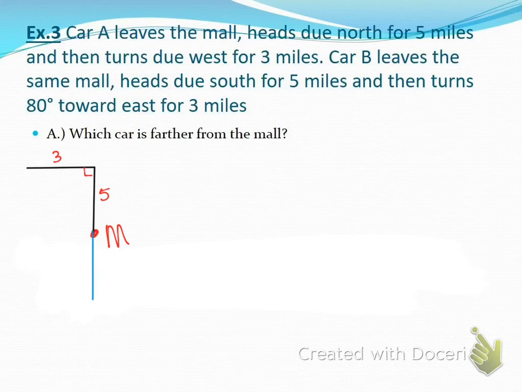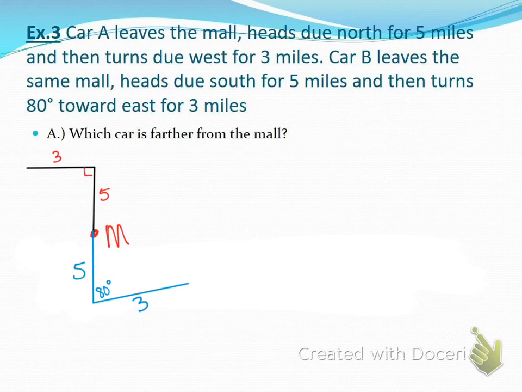And then they turn 80 degrees toward east for 3 miles. So they're not going straight east, they're going at 80 degrees. So I'm not going to make that line go straight out. I've got to make it at a little bit of an angle for that 80 degrees. Okay, 5 miles south, 3 miles east at that angle.